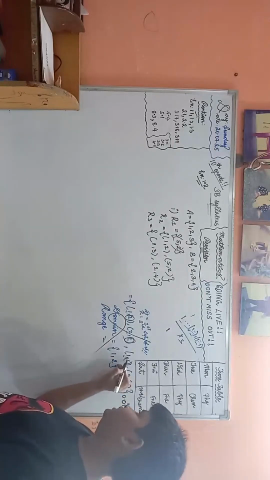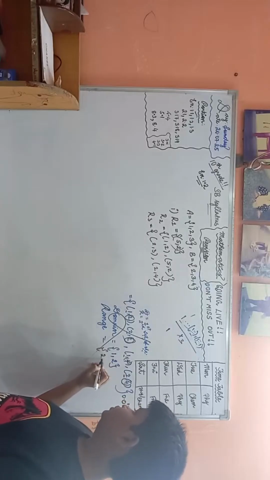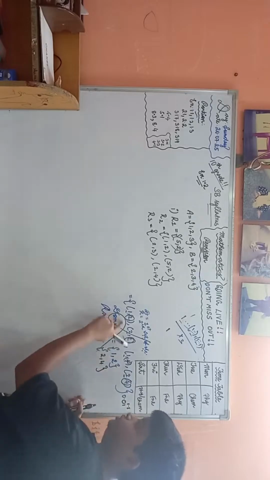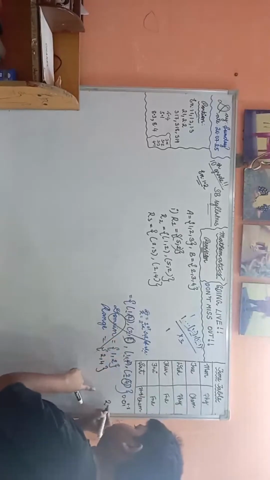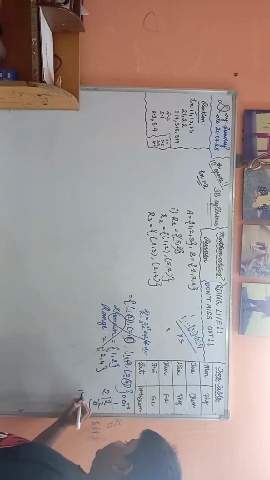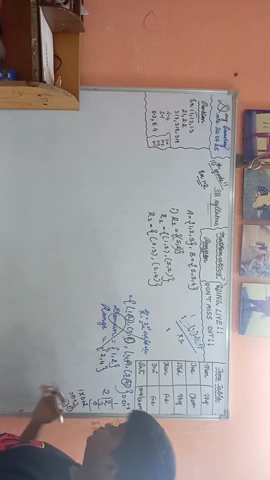There should be at least a 4 over here, so that the domain can be 2, 4. It's like I told you guys. There are 2, 2, so 1 into 0 plus 2 will become just a single 2.